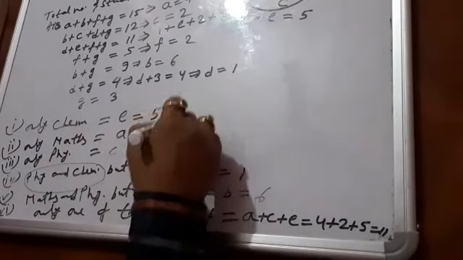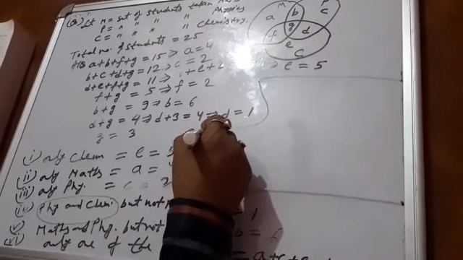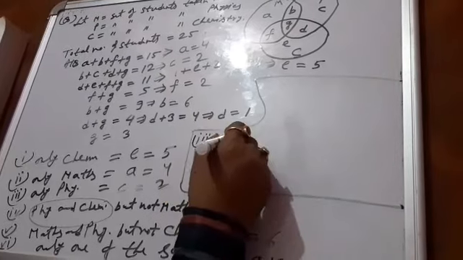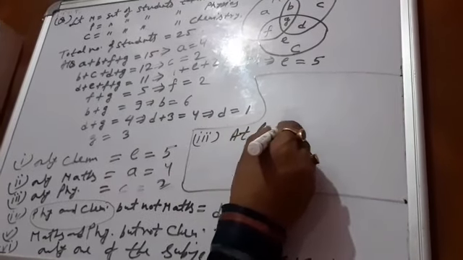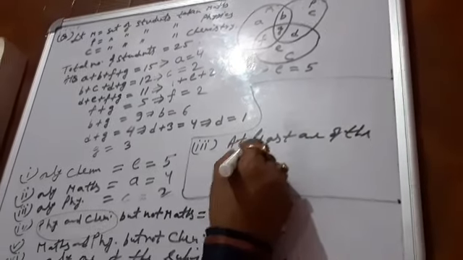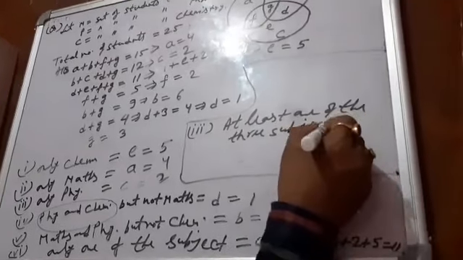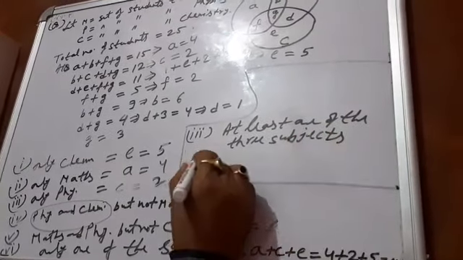Have you seen? Then some questions are also left here. Now I'm just going to make here: at least one of the 3 subjects. You are knowing what is the meaning of at least one.